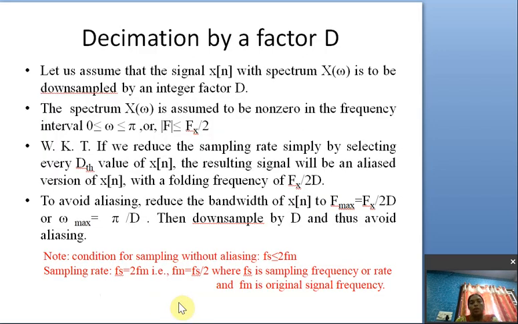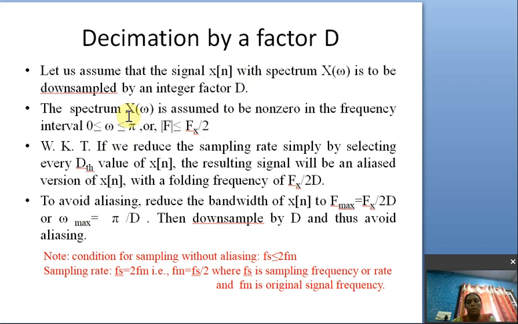In the same way, we will now discuss decimation by a factor D. Assume x of n with the spectrum X of omega. We have to downsample this x of n by an integer factor D. Now observe the spectrum X of omega.